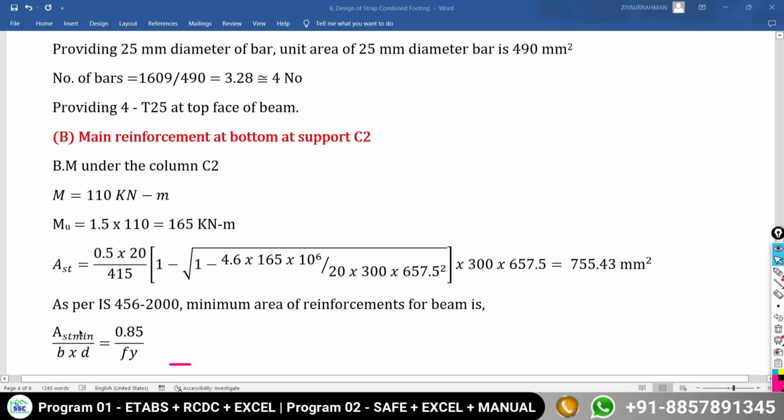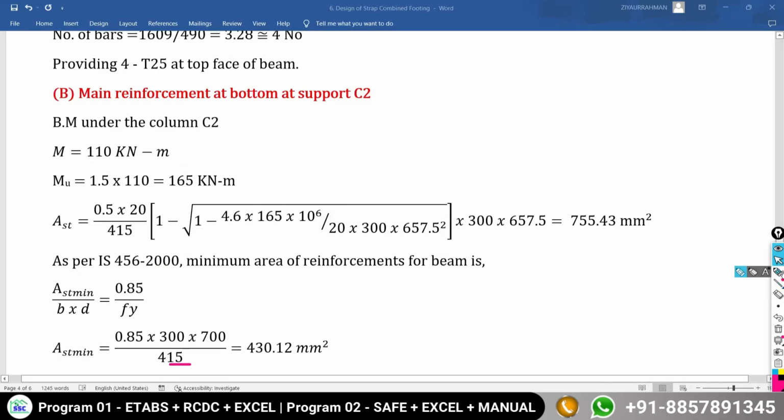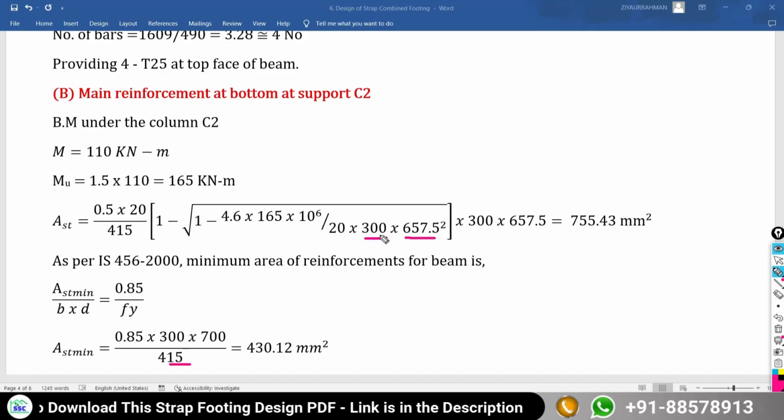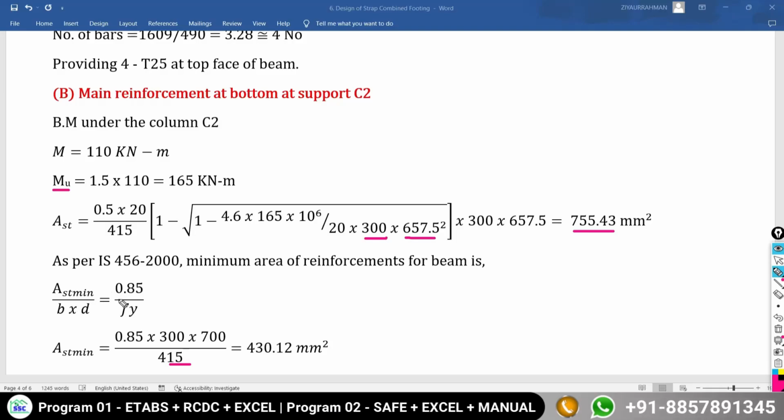Now, for this bending moment, you have to use the same formula with the same width of the beam and the same effective depth, but with the bending moment changed to 165 into 10 raised to 6. With all of this calculation, you get the area of reinforcement required at the bottom face under the column C2 as 755.43 mm square.